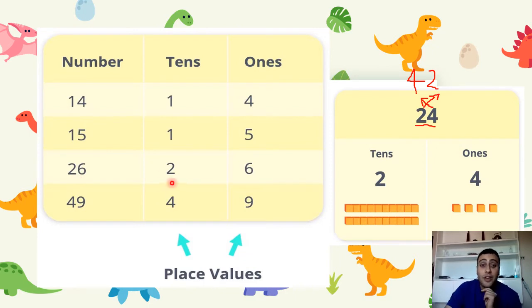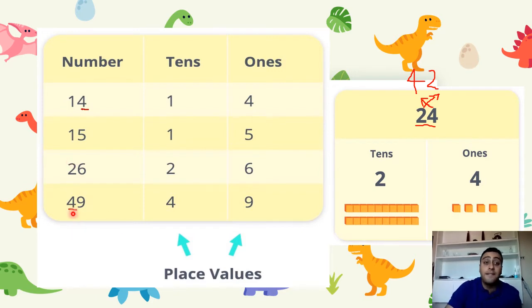Great job. We have 2 tens. How many ones do we have? 6. Now, look at this one. We have 4 here, and we have 4 here, right? It's the same digit, but the place value is different.